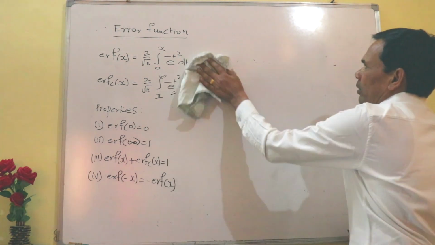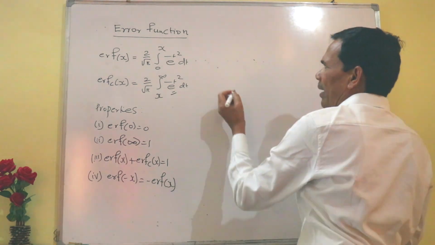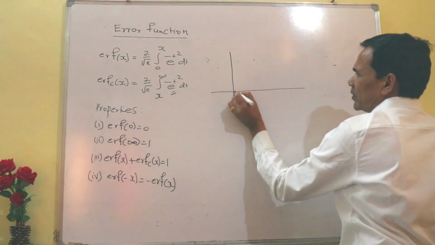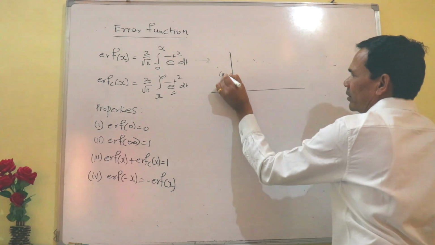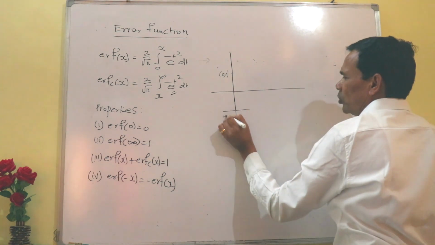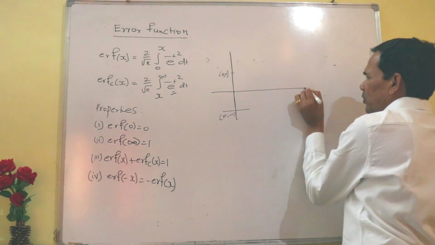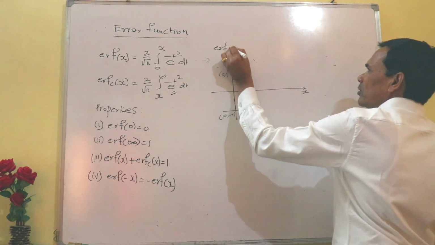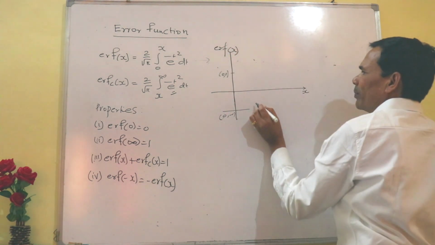Now, if you try to draw the graph of this function, I take the point 0, 1 here, then here 0, minus 1, this is x and this is the error function of x or the complementary error function of x.